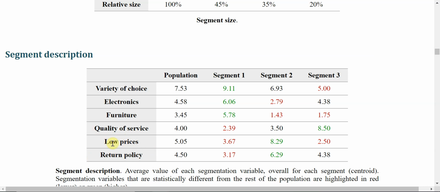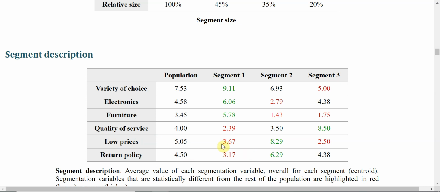Perhaps the people who value low prices. So we call it a fit. We need the fit between market and product. Market is outside and product is inside.